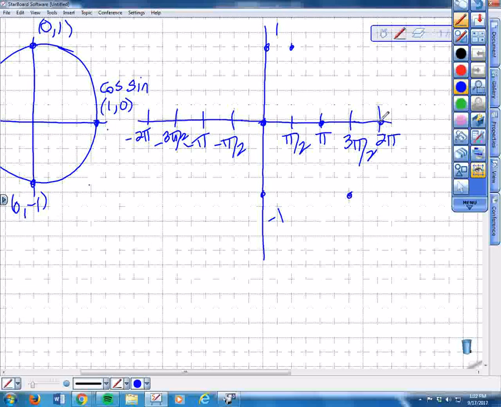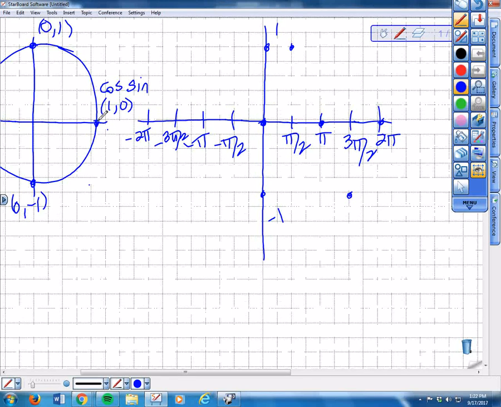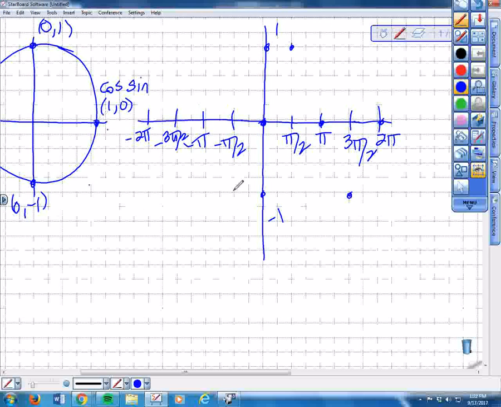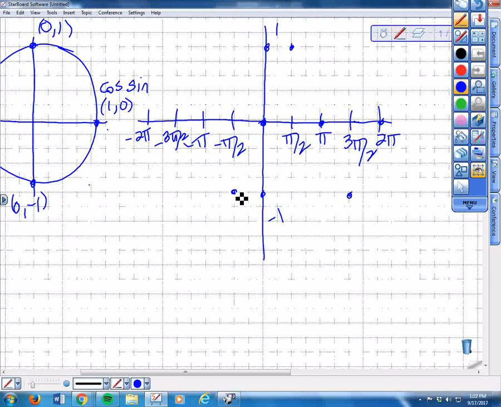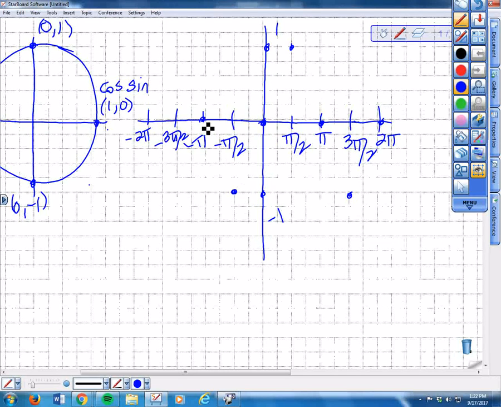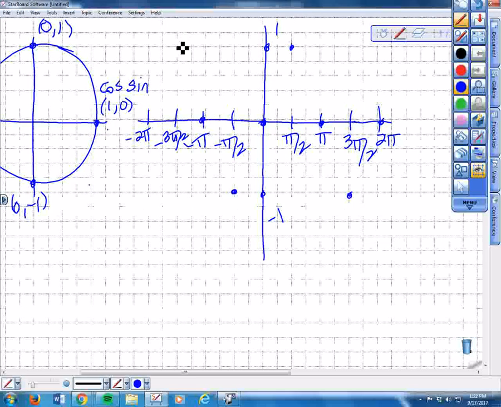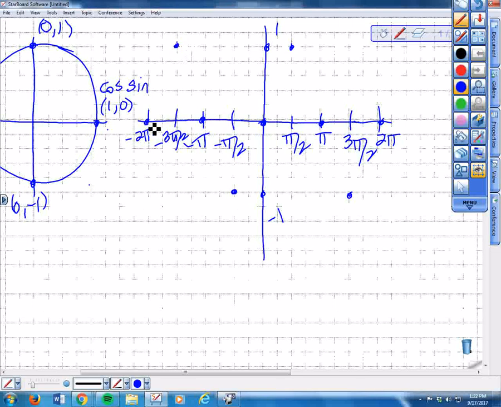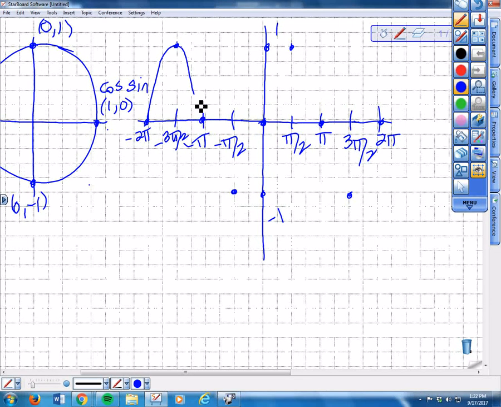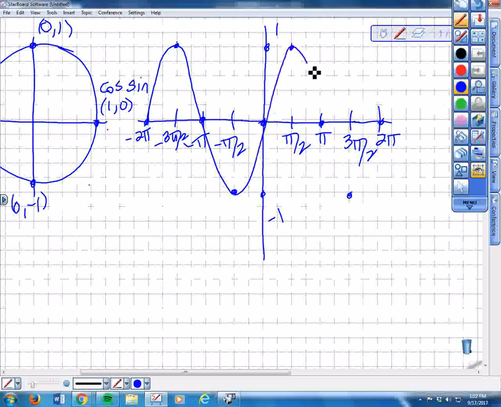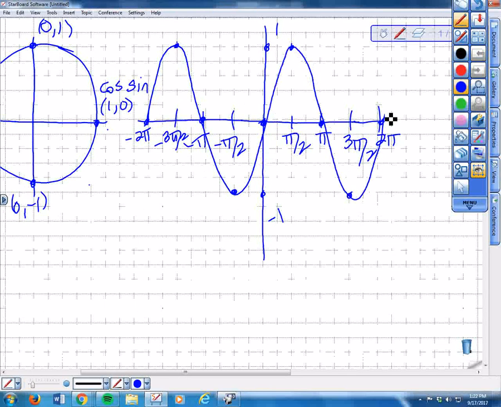And then the same, if I go negative pi over 2, I'm at negative 1, and then 0, then positive 1, and then back to 0. Okay, there's your sine graph.